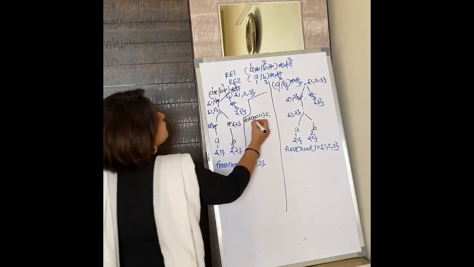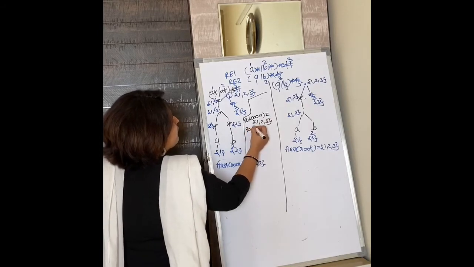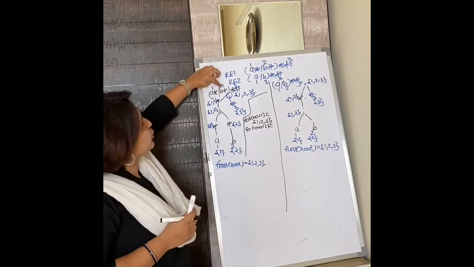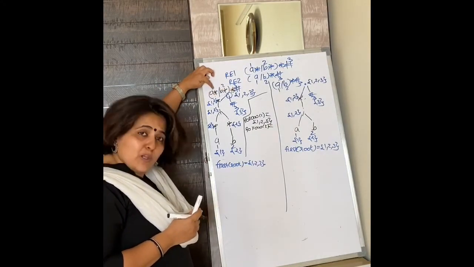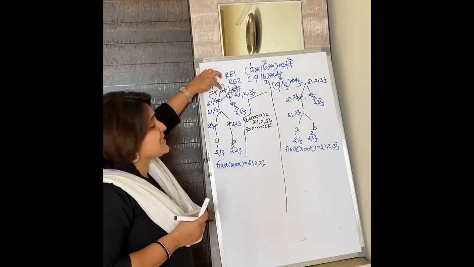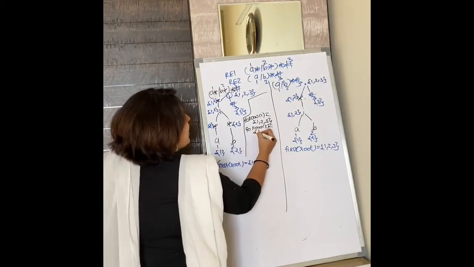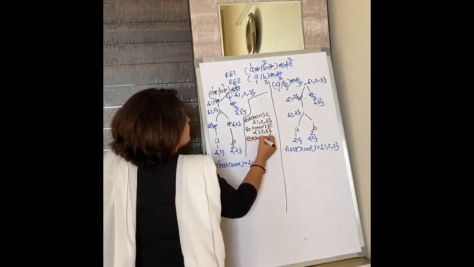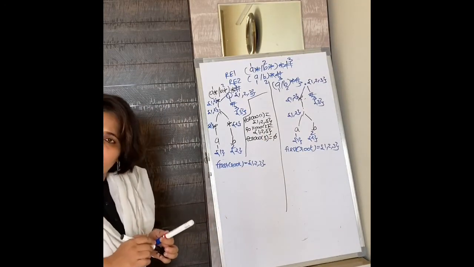So follow of 1 is 1, 2, 3. Similarly, follow of 2: after 2 you can have 2 itself because it is star. It is star of OR, so 1 can also be there. And if it is only a single occurrence of B, then hash can also be there. So again it is 1, 2, 3. And follow of 3 is null, because hash does not have any symbol following it.